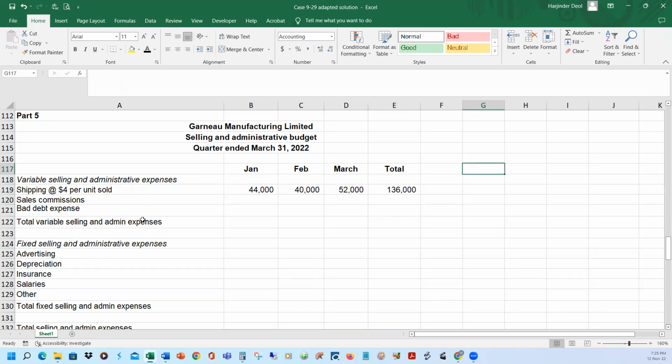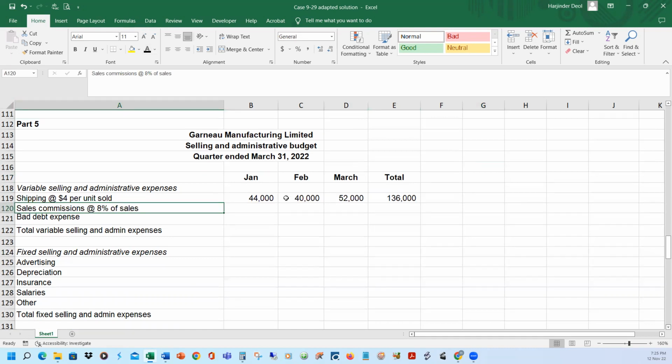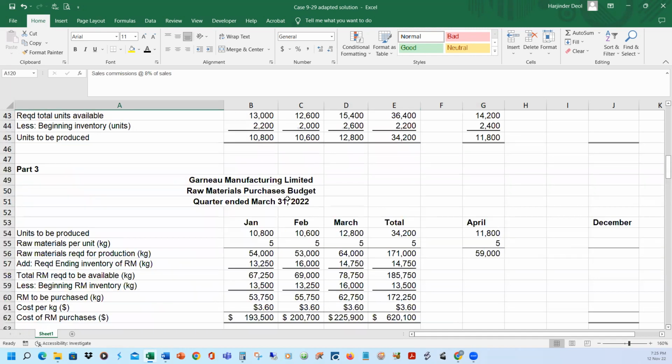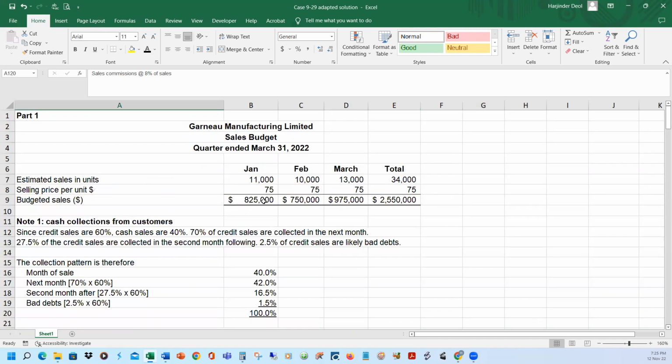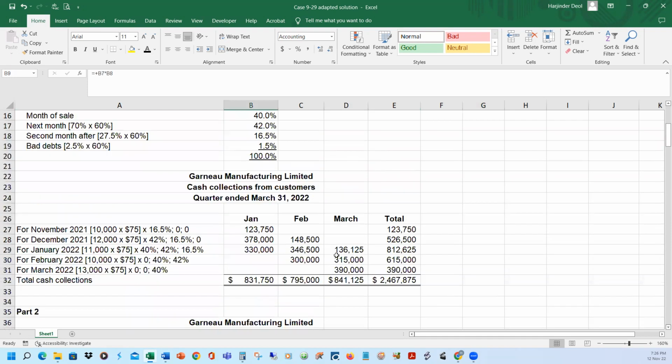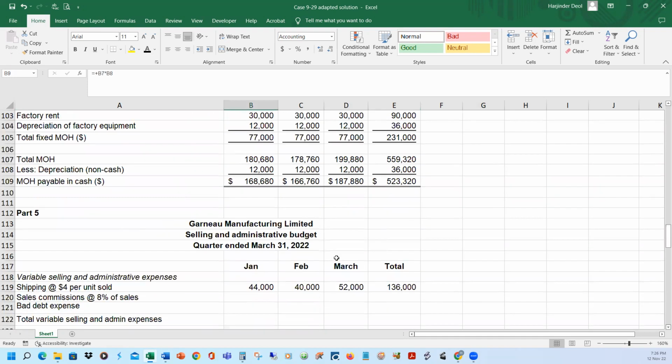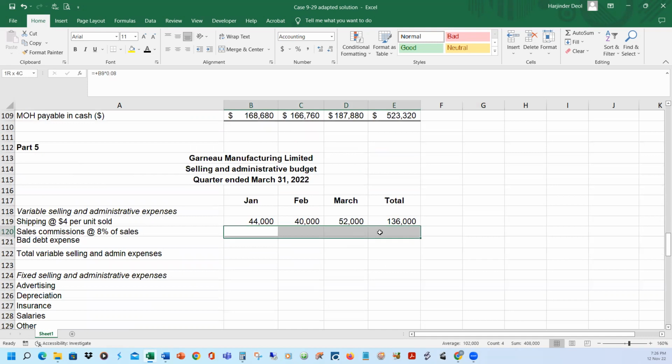For sales commissions, it's about 8% of sales. So if you multiply 8% with the sales dollars, the sales dollars were 825,000 for January, 750,000 for February, and $975,000 for March. 8% of these sales values gives us the sales commission.